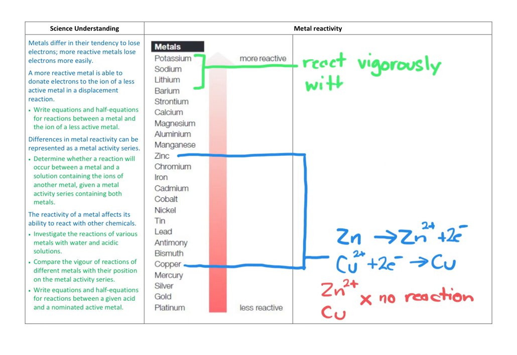They're very reactive. What happens in those reactions is if we have sodium metal and we react it with water, it obviously wants to lose its electrons to form the sodium plus ion, and that releases an electron.